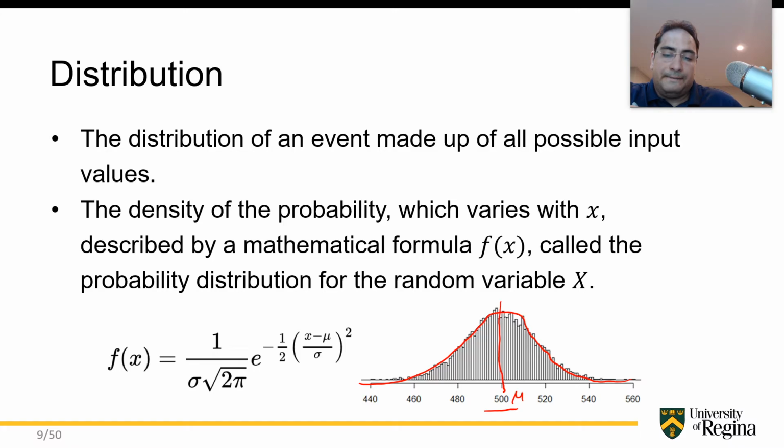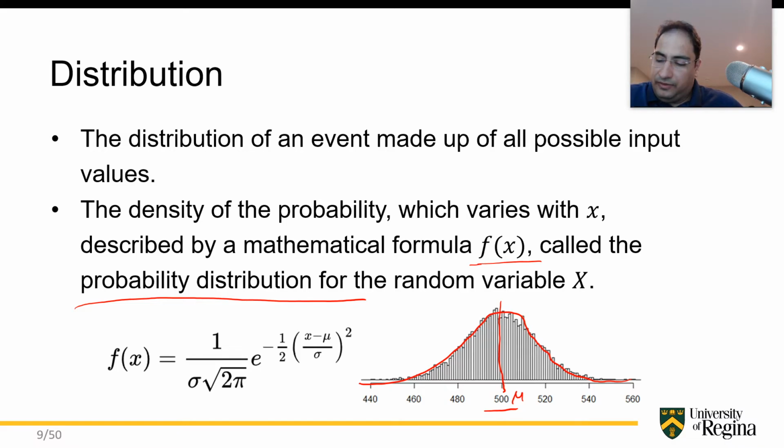So the density of the probability of one event occurring, or one value being found in a population, can be described by a function f of x, and this function is called the probability distribution for that random variable.